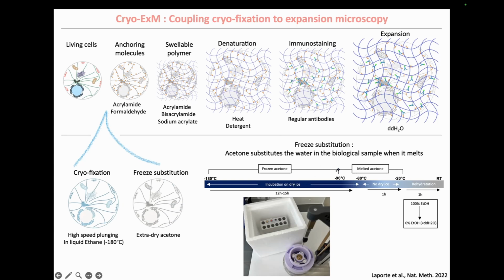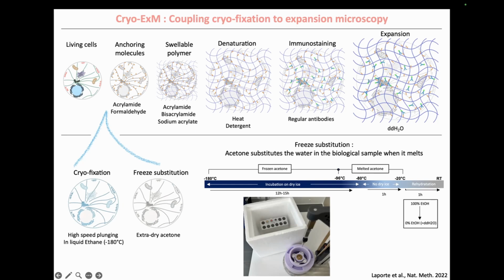Once the temperature reaches minus 100, more or less, the acetone melts. Then as you continue raising the temperature, as soon as the ice becomes water, it's replaced by the acetone, which has a diffusion coefficient higher than the water.